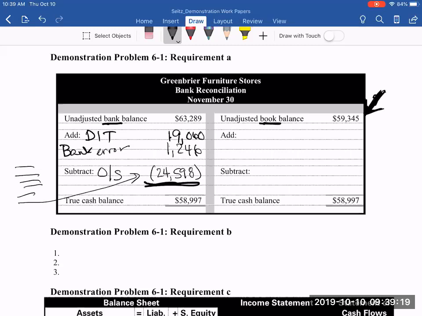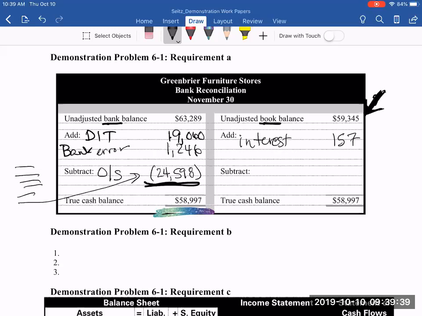So now I'm going to move to the book side. I came up with this true cash balance. This is the magical number here. I'm going to move over here to the book side, and I'm going to add my interest. Now, some other things that could possibly be added to this side is if, say, for example, they collected an accounts receivable on your behalf.